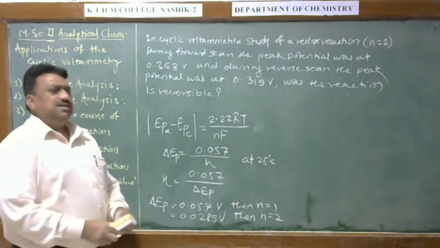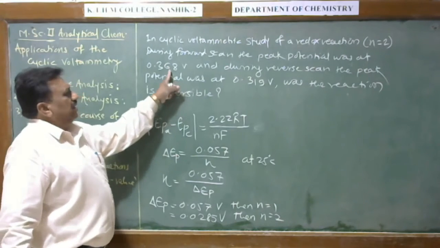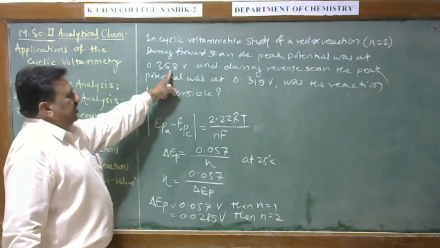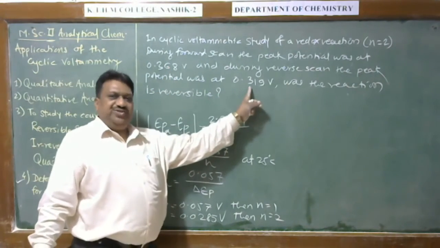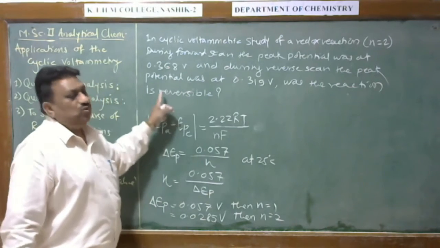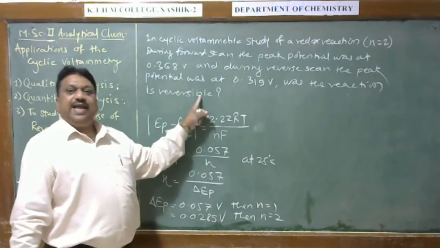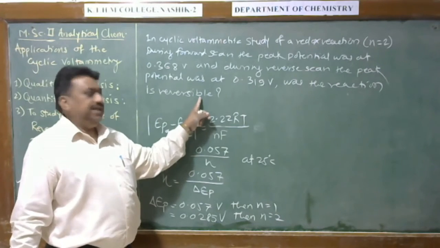That means here we have a cathodic peak potential and anodic peak potential. From this we have to determine whether that reaction is reversible or irreversible.